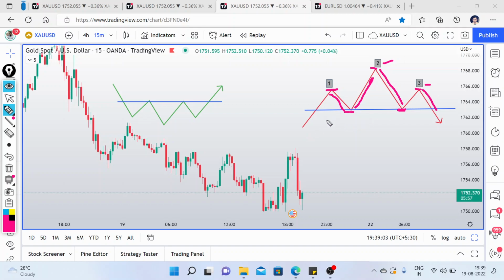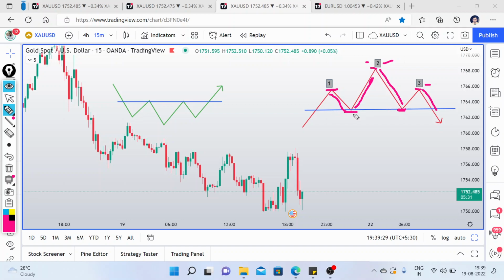In the case of a bearish head and shoulder pattern, you have to remember these parts, and it should form like this, as I discussed. The price should be in an uptrend, then it takes some rest, then takes support over here, then tries to break out and makes a new high, the new head.